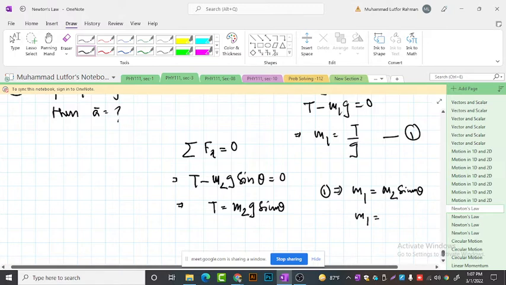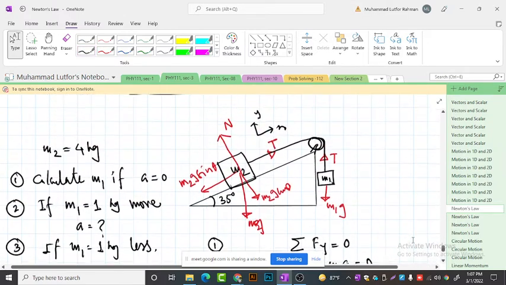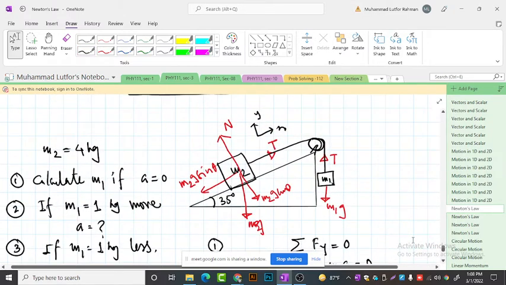And I know the theta: M2 is actually 4 kg and theta is actually 35 degrees. Then your M1 would be 2.29 kg. So this is the answer to question number 1. If M1 is actually 2.29 kg, the system will not move at all. It will be stationary. Fine.